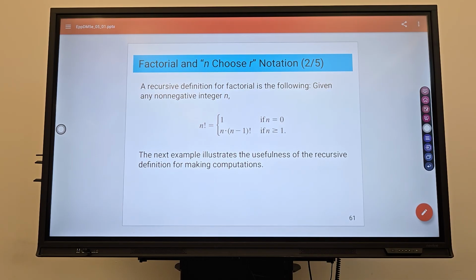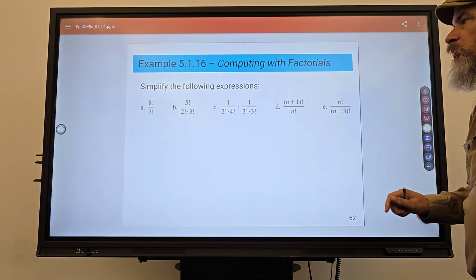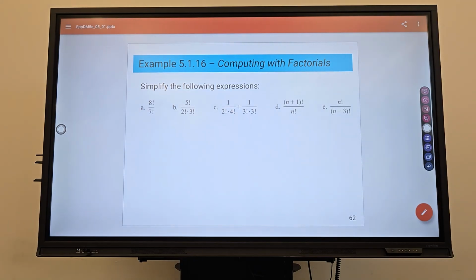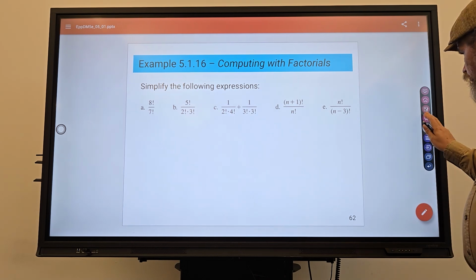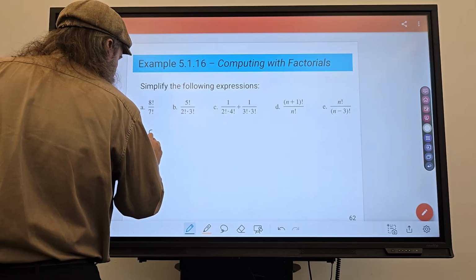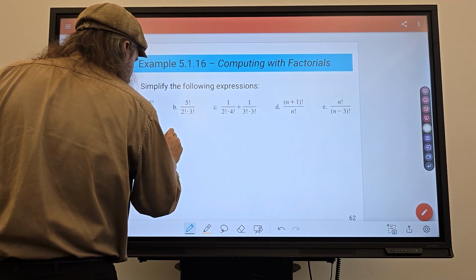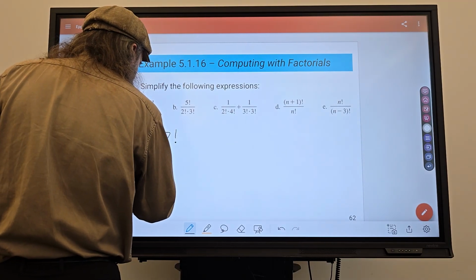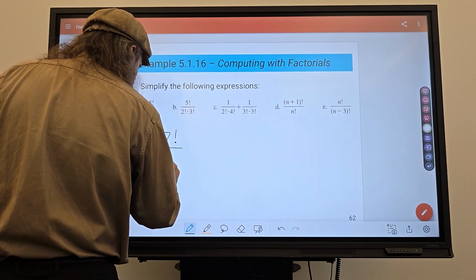So the next example illustrates the usefulness of the recursive definition for making computations. 8 factorial divided by 7 factorial. Well, 8 factorial is 8 times 7 factorial over 7 factorial.